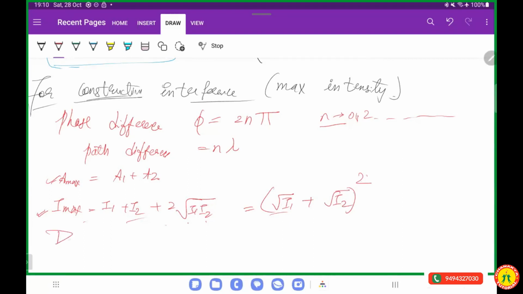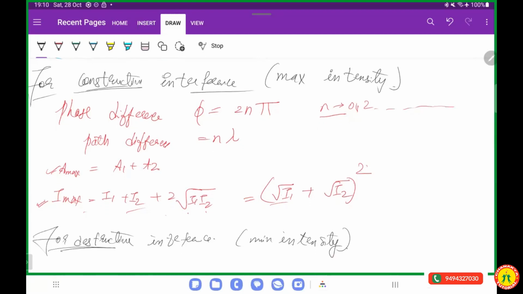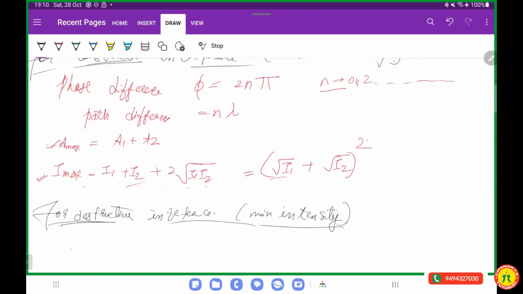And for destructive interference, or minimum intensity, phi will be (2n plus 1) pi.